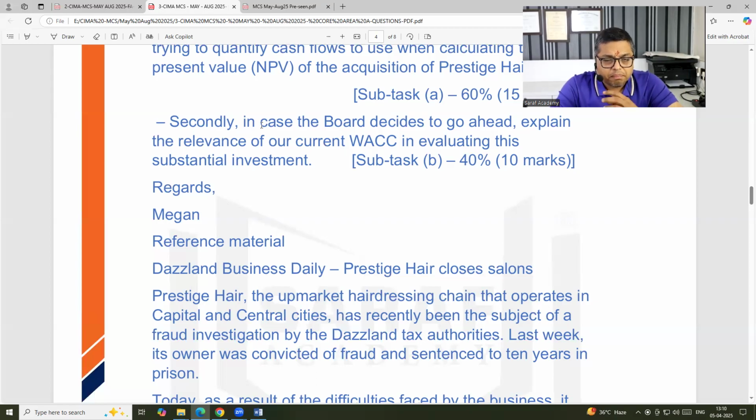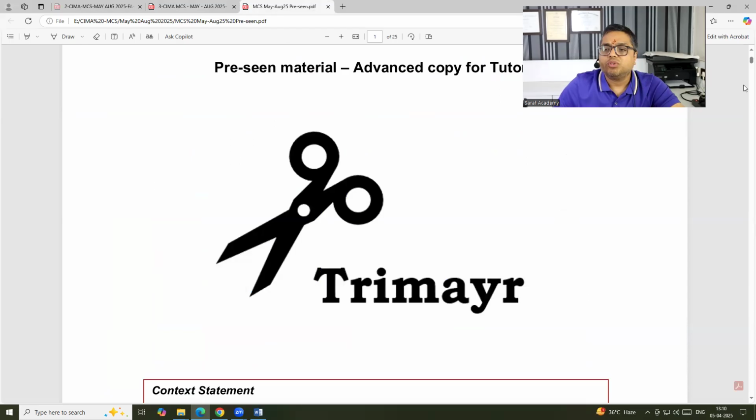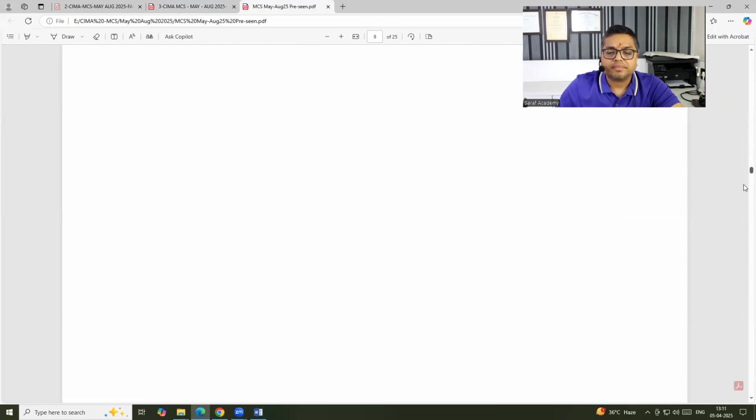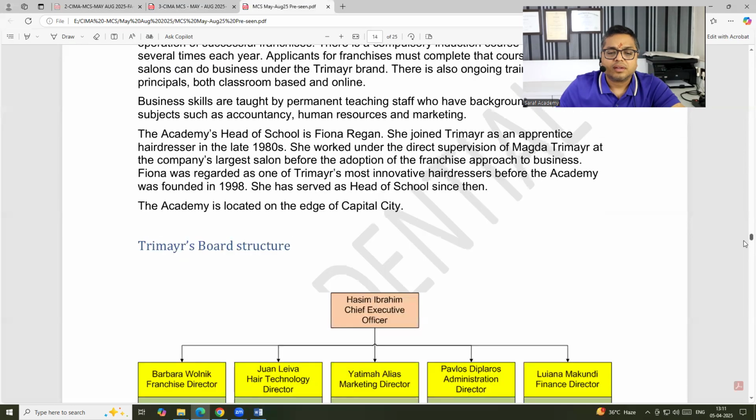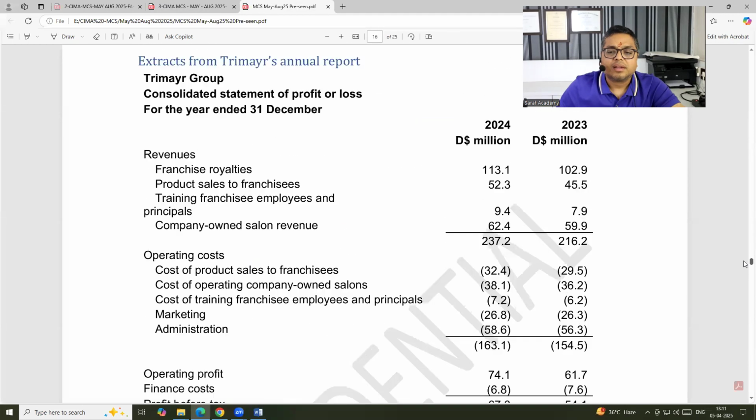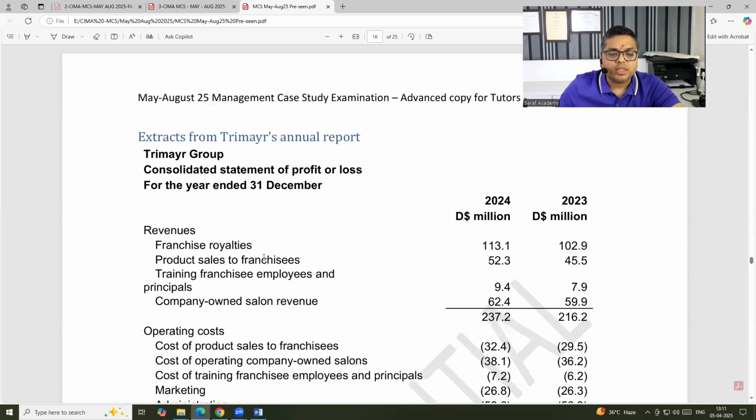Because maybe on the basis of asset base, it is not a big amount. But suppose we go into their financials, the figures are in million.